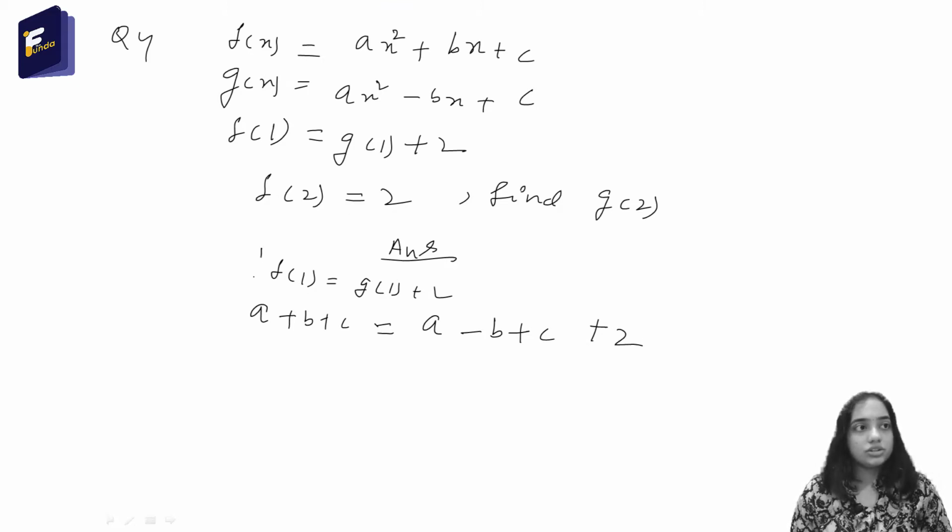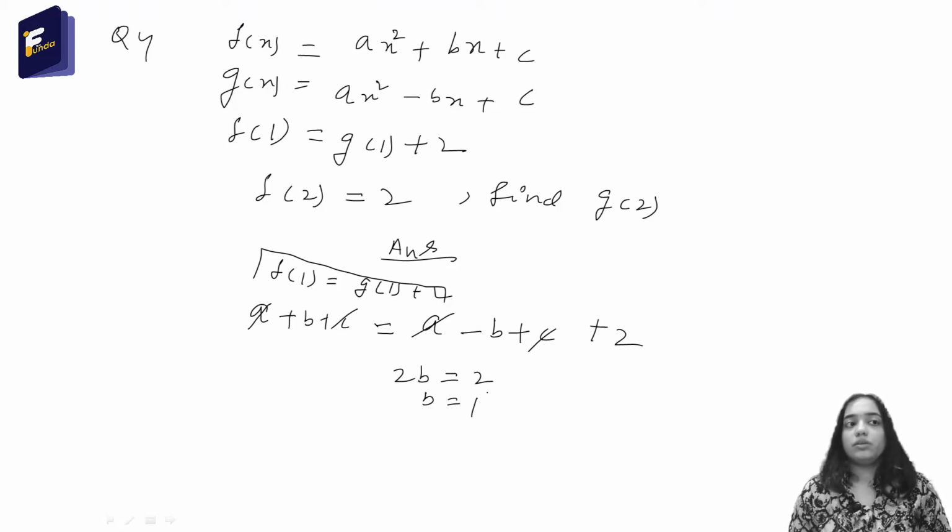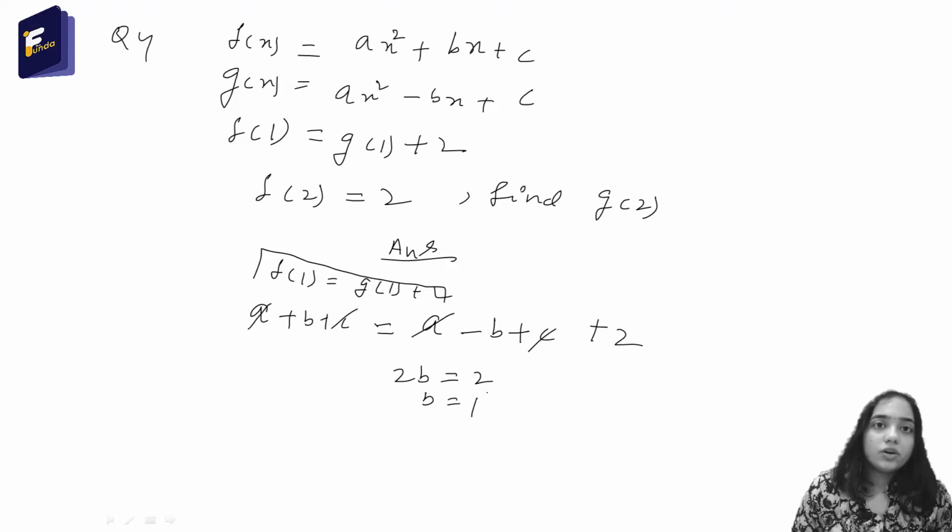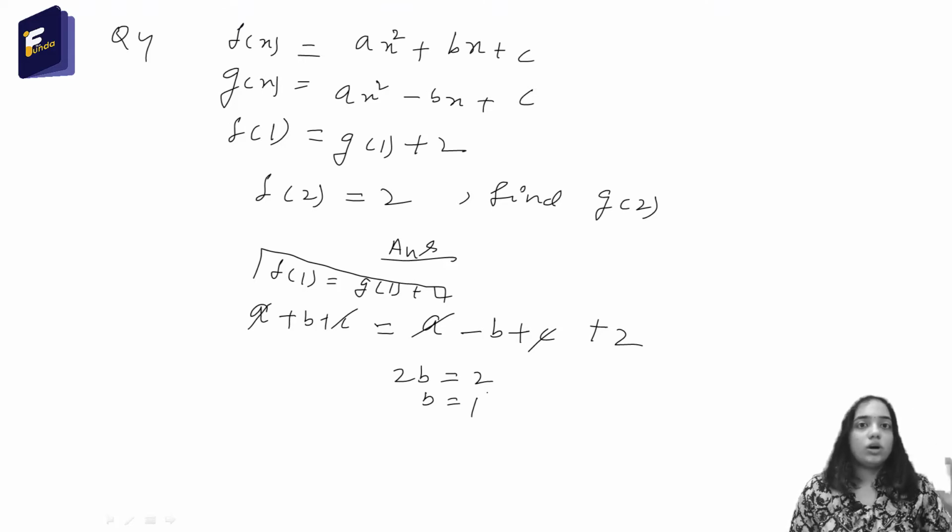So a plus b plus c equal to a minus b plus c plus 2. Now I will cancel out a and c. So 2b equal to 2. So b equal to 1. So we already got one thing, that the value of b is 1.